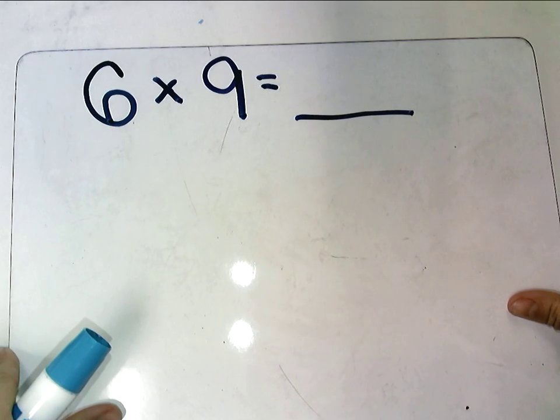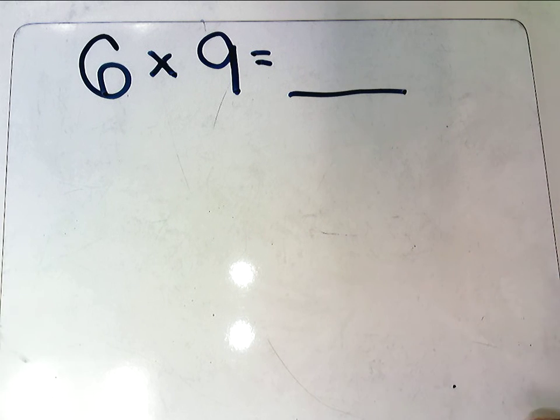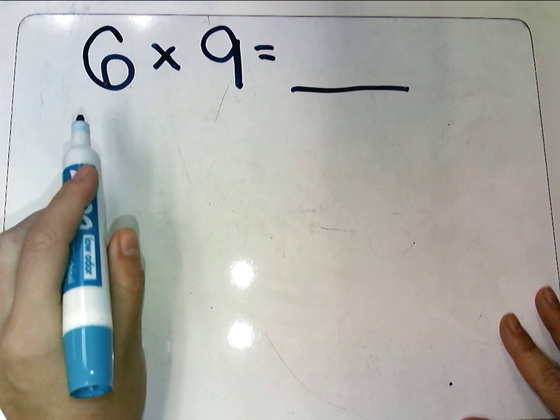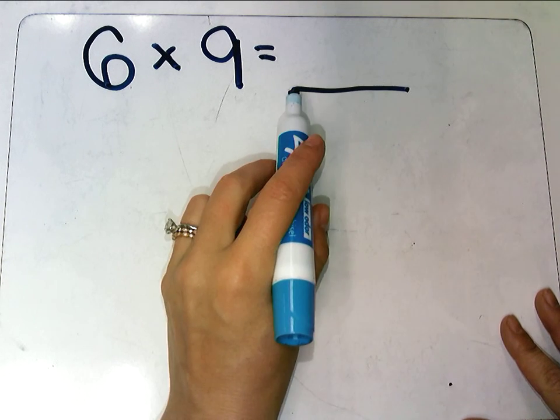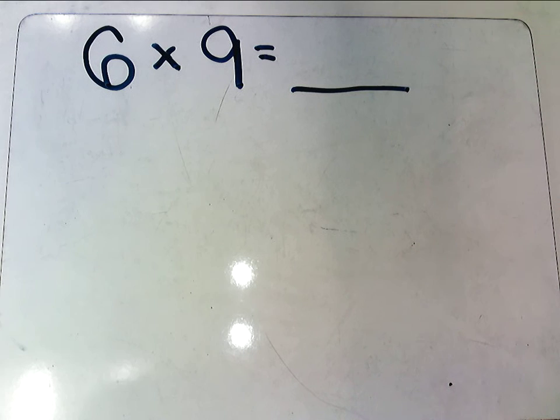On your whiteboard, I would like you to write down the equation that you see at the top of my whiteboard. It says 6 times 9 equals. On your whiteboard, I would like you to draw a picture to represent 6 times 9.